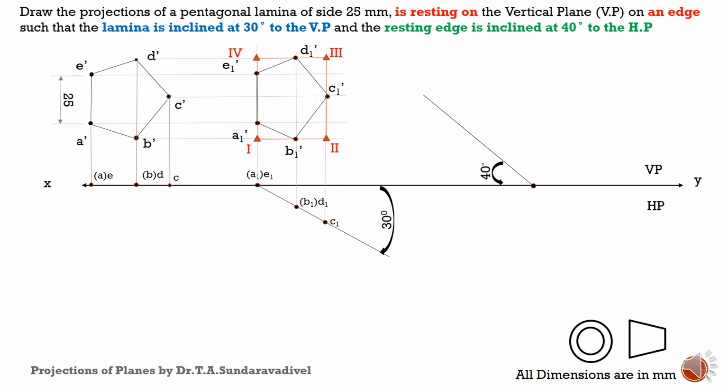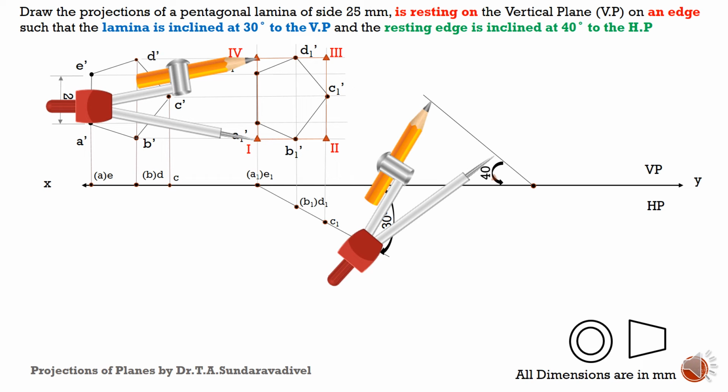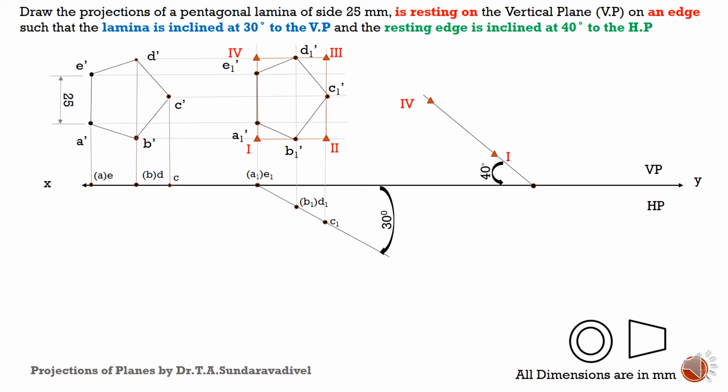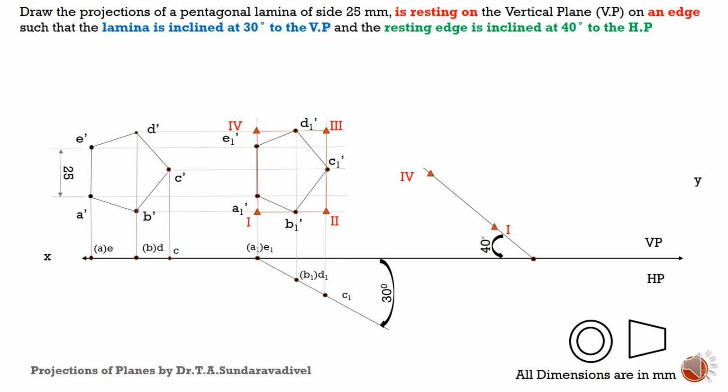So I am taking a point 1, arbitrarily, and then I take the measurement of 1, 4 and get the point 4. So the 1, 4 line I am transferring onto this 40 degree line. Then correspondingly we have to get the other 2 points, and if I get them, I will get the box.